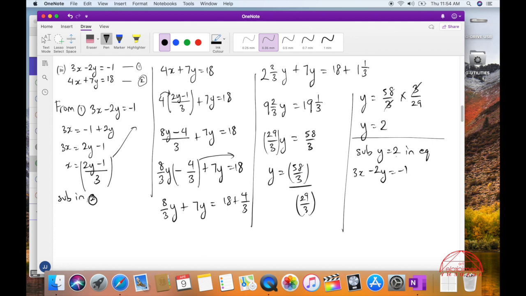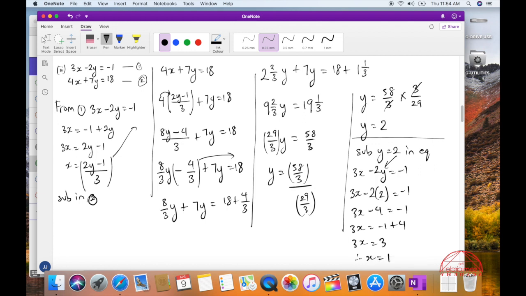So we put in y is equal to 2. 3x minus 2y, which is 2, is equal to negative 1. 3x minus 4 is equal to negative 1. 3x is equal to negative 1 plus 4. 3x is equal to 3. Therefore, x is equal to 1.